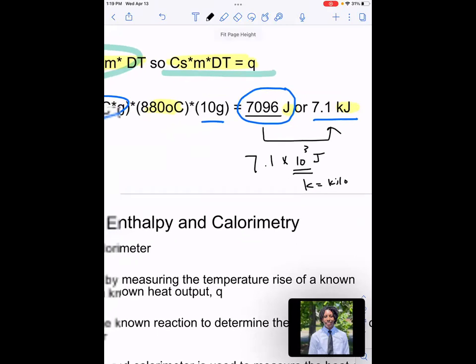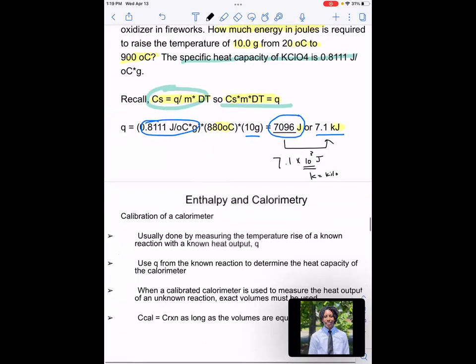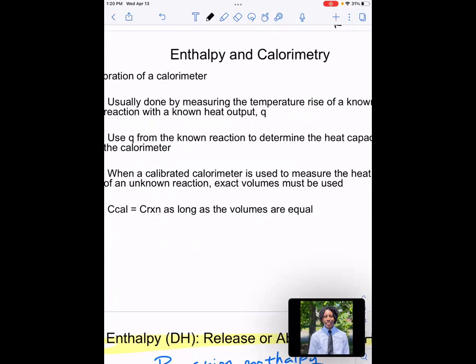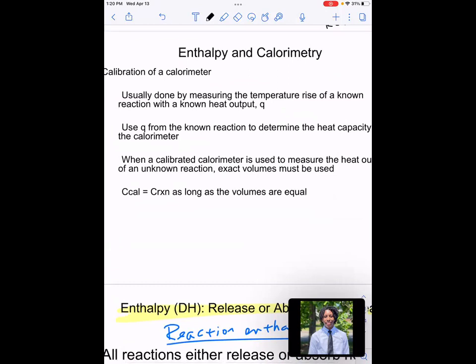All right, so let's go to here. And this is another piece of information that we need to talk about with calorimetry, and that is when you calibrate your calorimeter, the heat capacity for the reaction and the heat capacity for the calorimeter are the same as long as the volumes are equal.